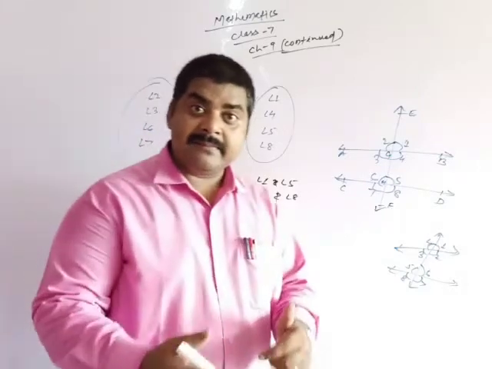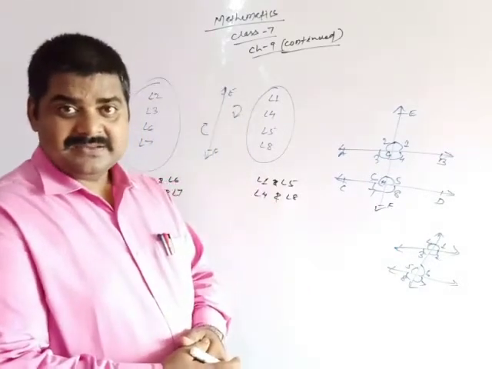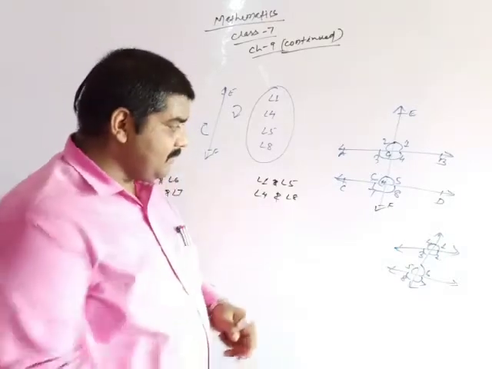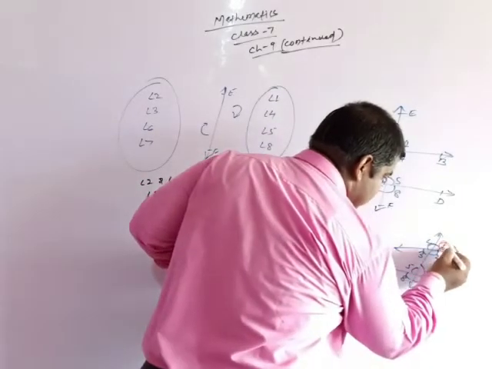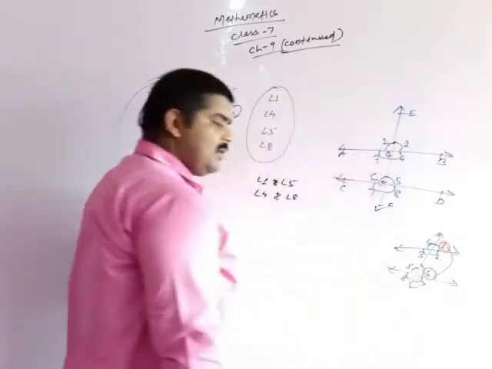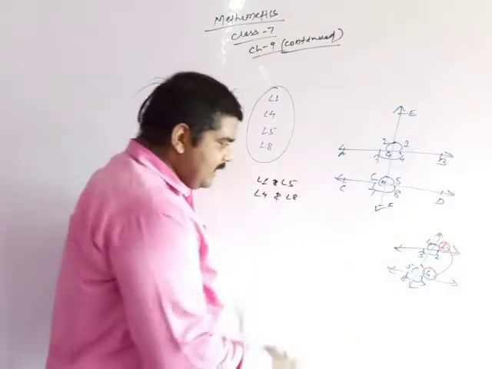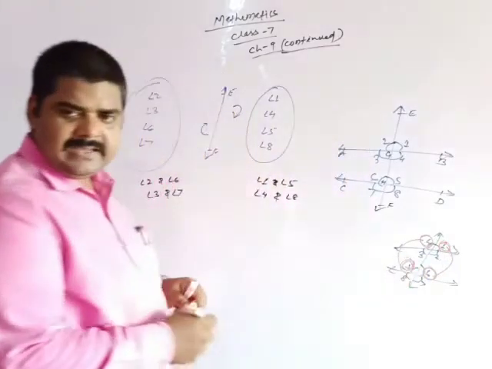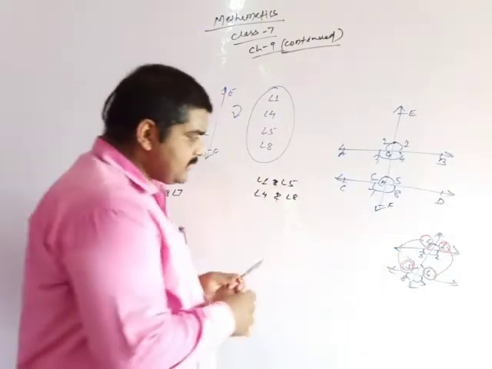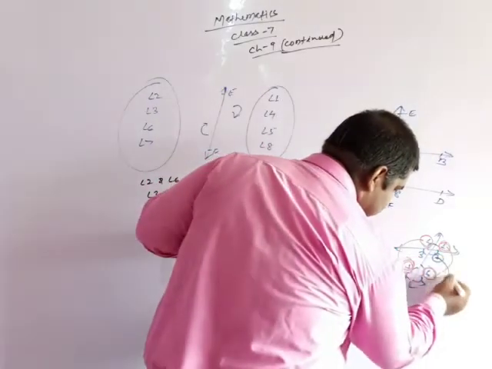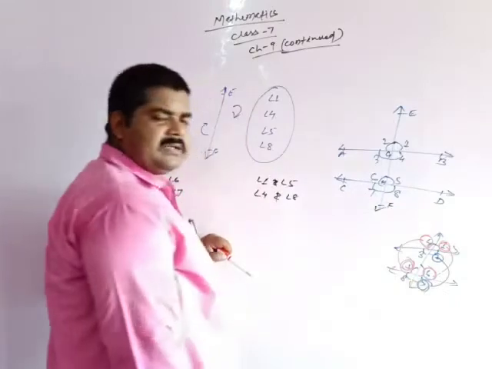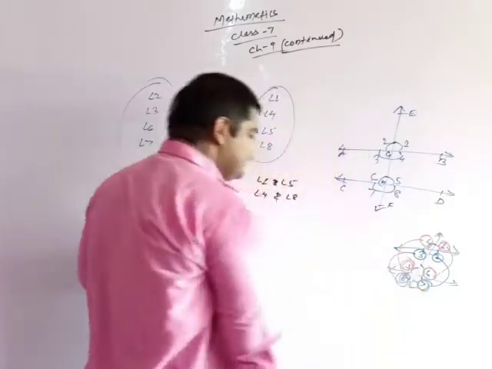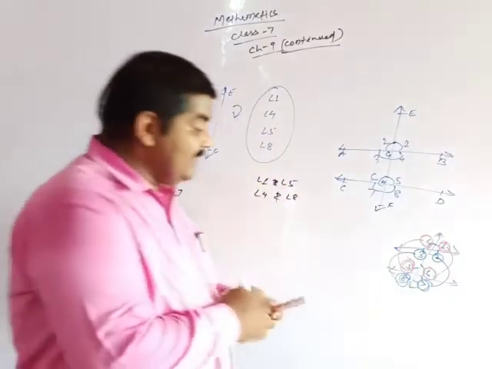Because you have named in a different way, in this case you have to keep in mind that angle 1 and angle 6 are corresponding angles. Similarly, angle 4 and angle 5 are corresponding angles. Also notice angle 2 and angle 7 are corresponding angles, and angle 3 and angle 8 are corresponding angles in this case.